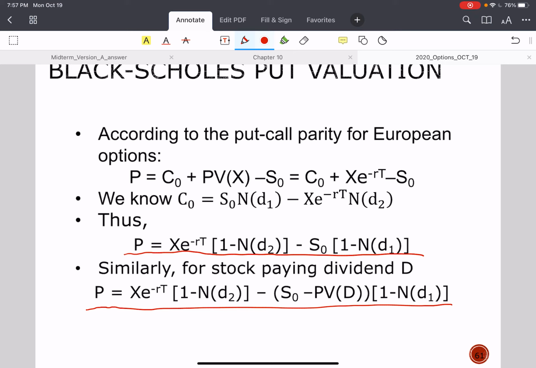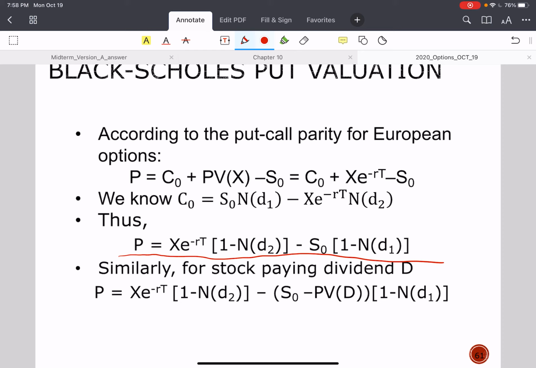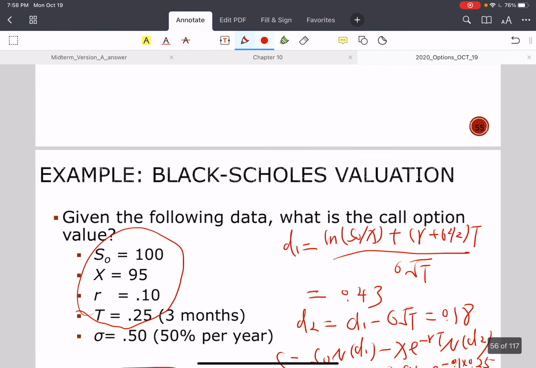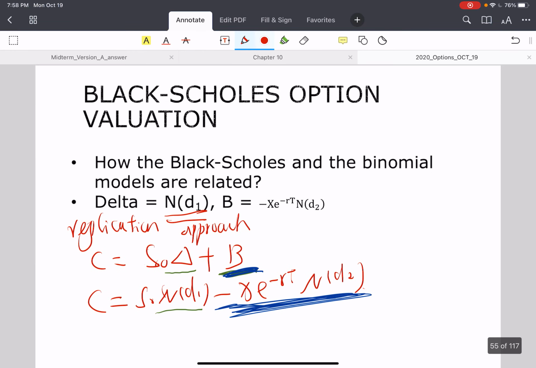What you can see here is, if you look at this formula, you can see that this formula also gives you delta. Because if you look at this binomial approach, delta is essentially the number after the stock price. Again, delta is the number after the stock price.